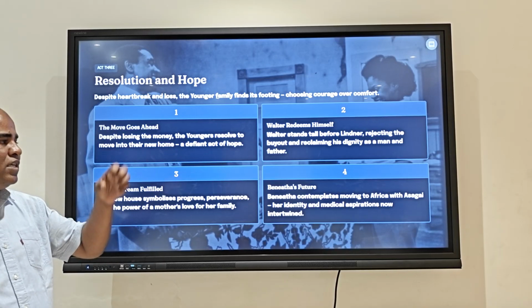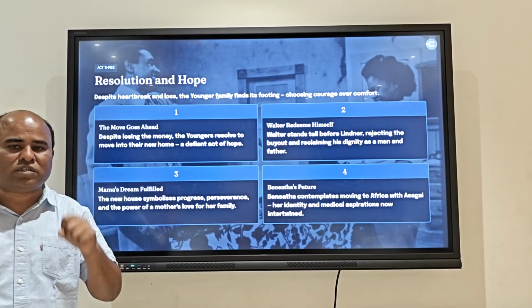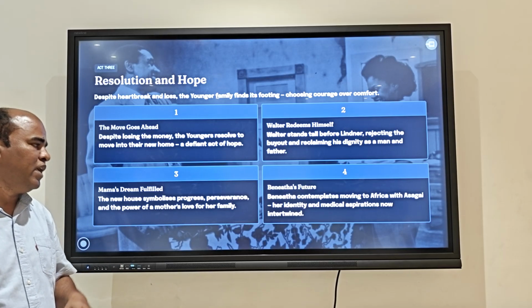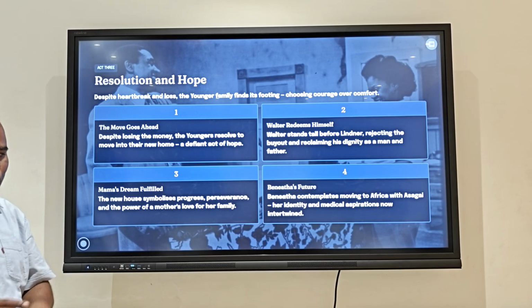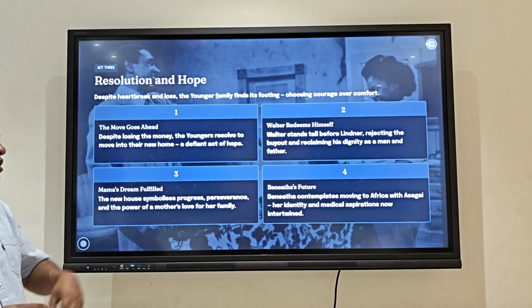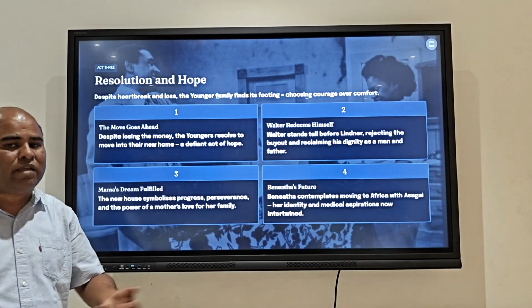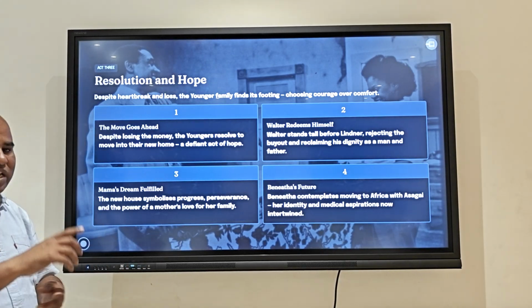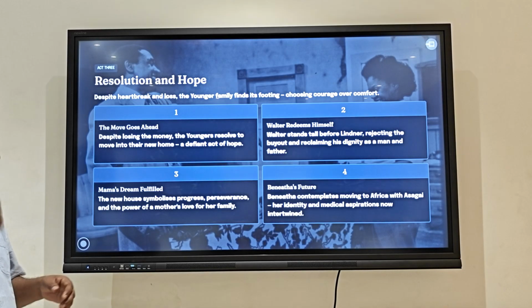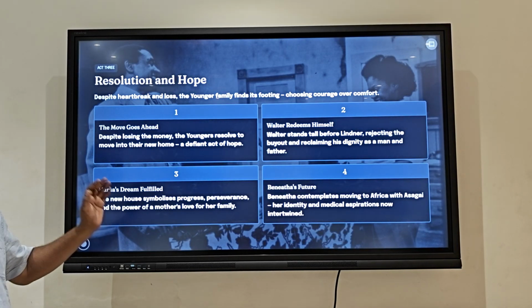He thinks that dignity as a man is very important, dignity as a father is very important, and he plays a very important role in making that decision. And so this is how Walter redeems himself. This is a very interesting arc of development of a particular character.